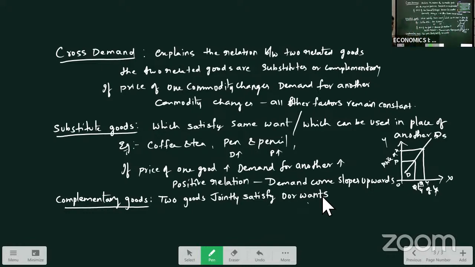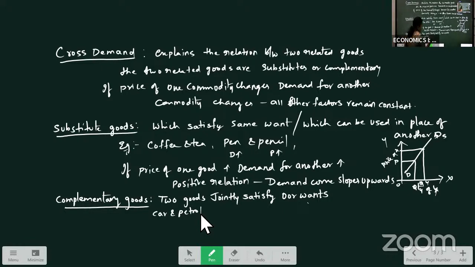Jointly means, for example, if you have a car and petrol. Without petrol, the car is of no use. Without the car, we don't use petrol, right?